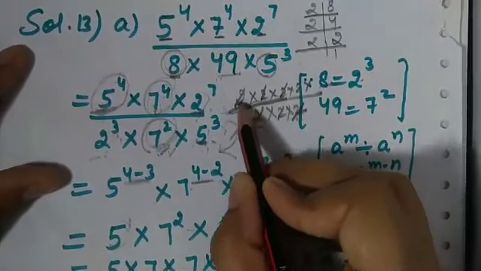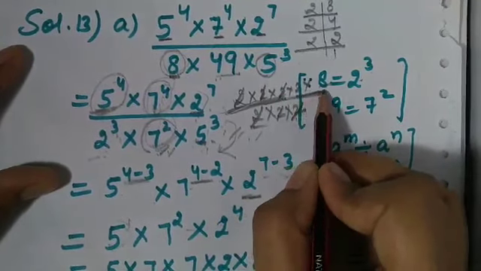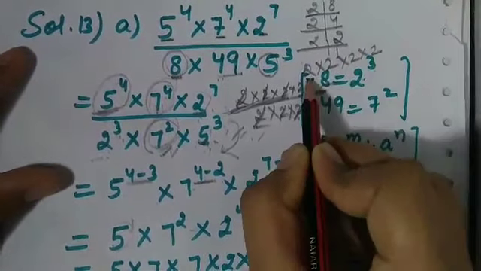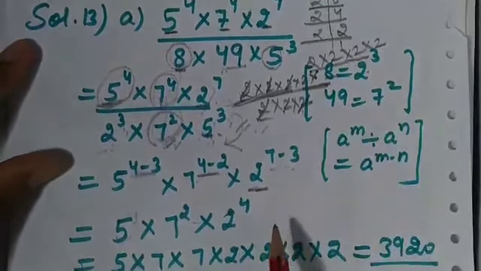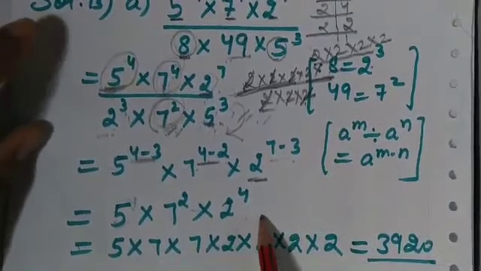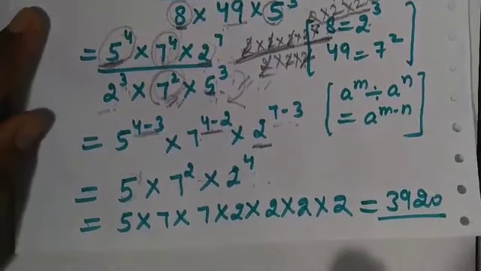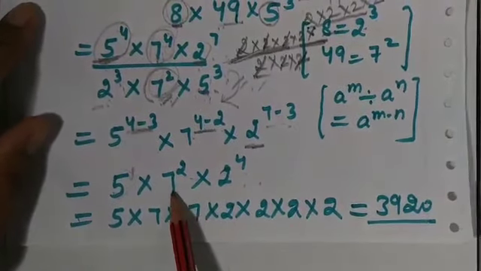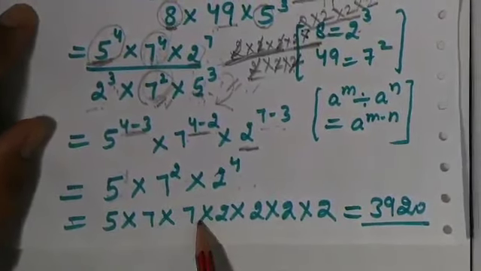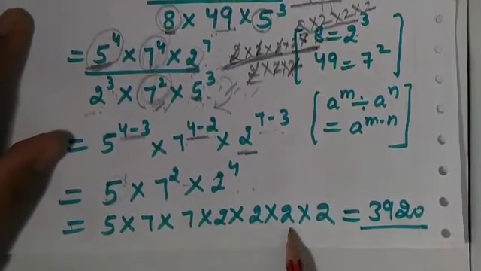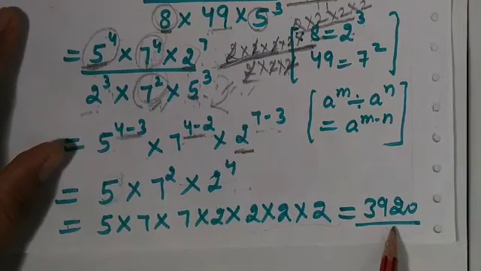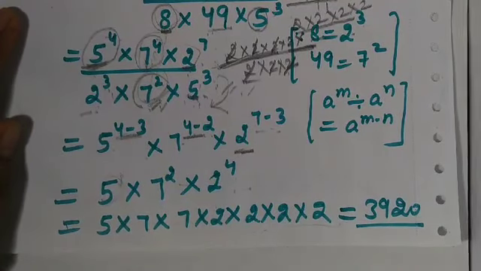Now these three 2s are cancelled, and we are left with four 2s, so 2 raised to the power 4. Now the question is saying you have to evaluate, so you have to give the complete answer. 7 raised to the power 2 means 7 into 7, and 2 raised to the power 4 means 2 must be multiplied 4 times. So the answer is 3920. So this is your A part.